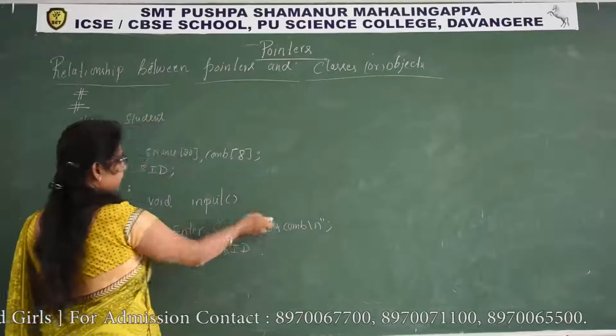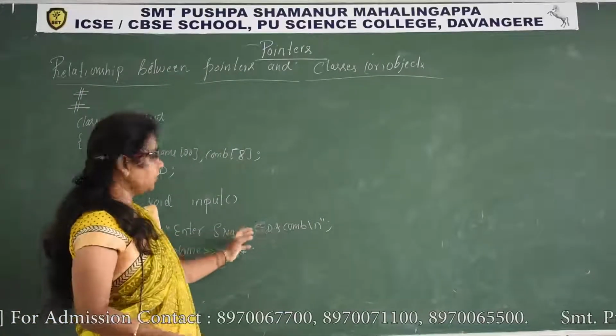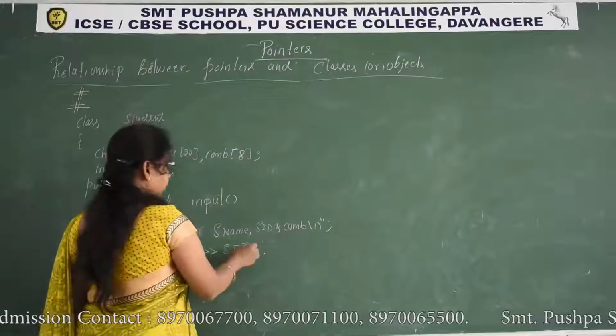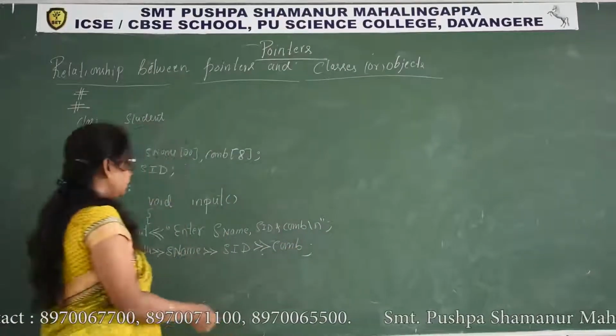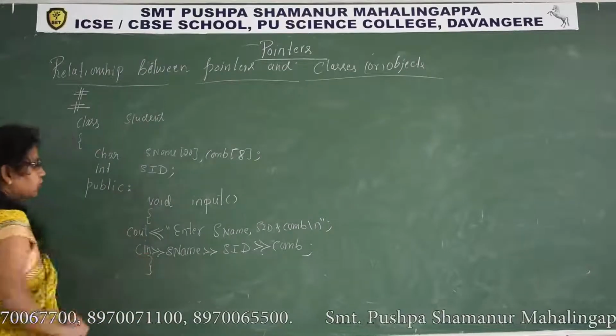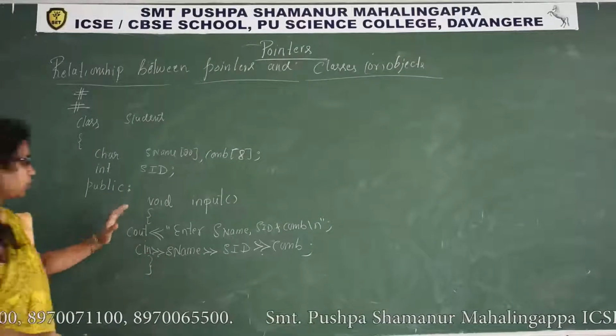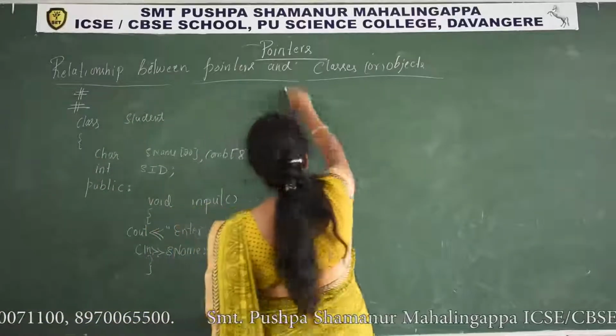In whichever order you take the statements here, according to that order you have to read the values, combination. So this function is meant to get values from the keyboard.